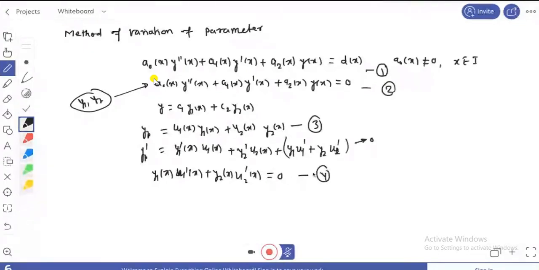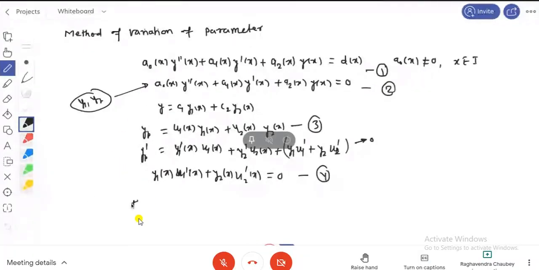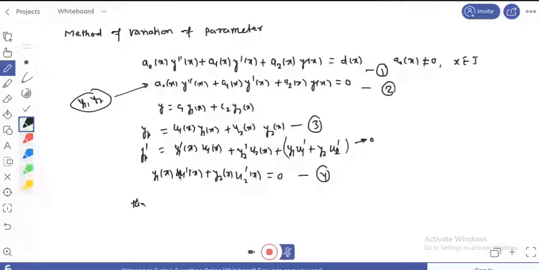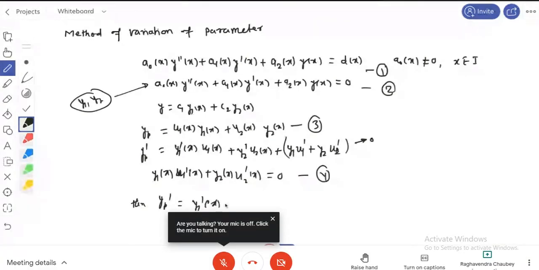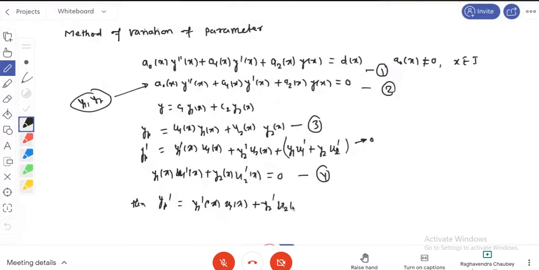This is your equation number 4. And since this part is 0, this equals your y_p'. This equals y1'(x) u1(x) plus y2'(x) u2(x). So this is equation number 5.